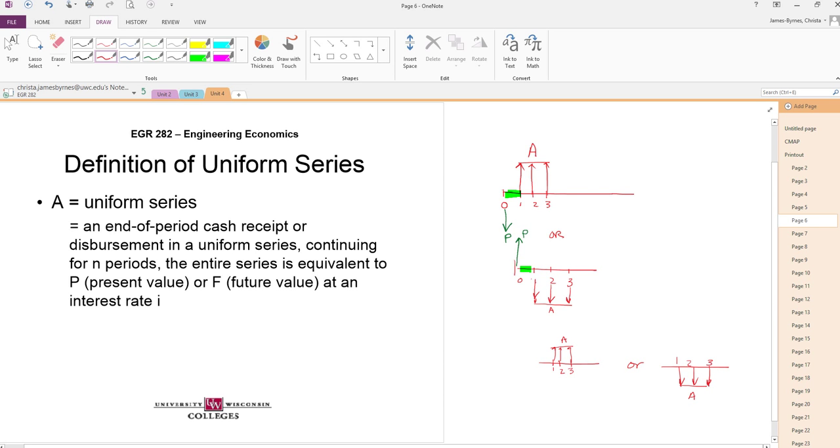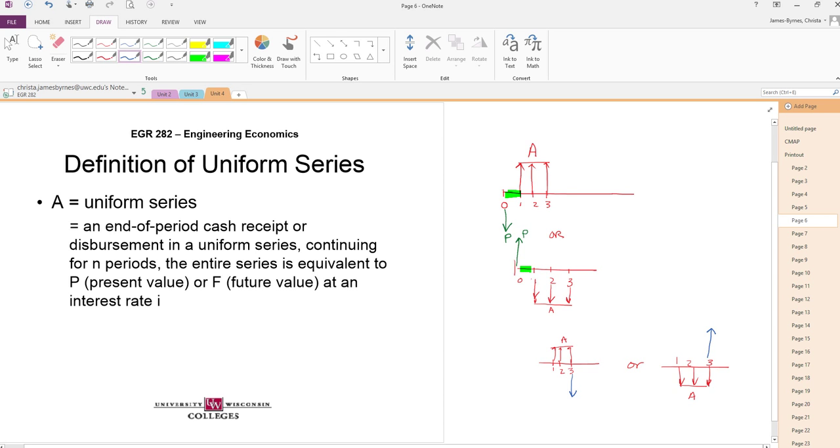The future value of that uniform series is after the last payment. So envision you're paying off a car, right? The bank has the title for the car for some reason. So you pay that last payment. There, I've paid the car off. They're going to hand you the title.